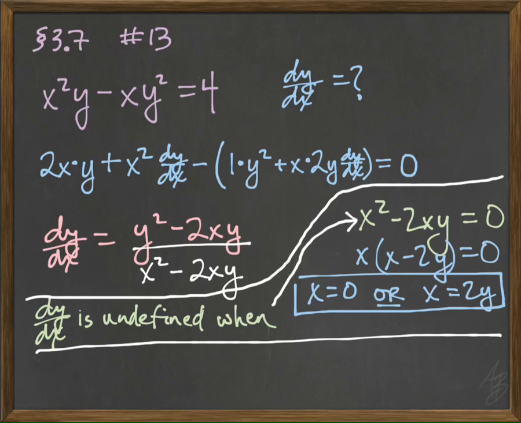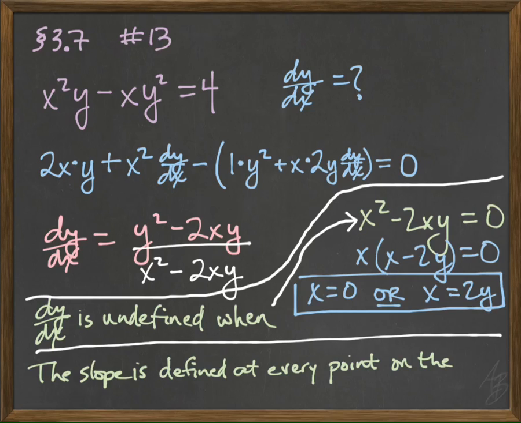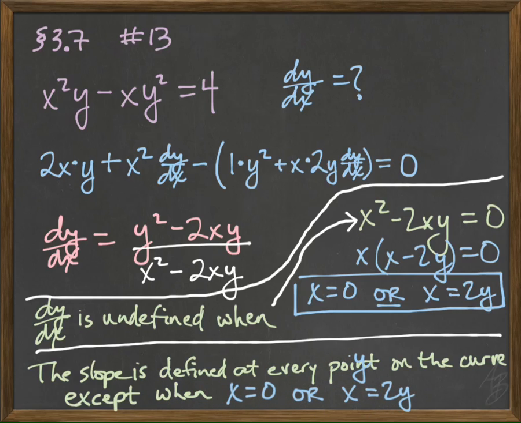So I would say the slope is defined at every point on the curve except in these two cases right here, when x equals 0 or x equals 2y. Ooh, got a little extra y in there.